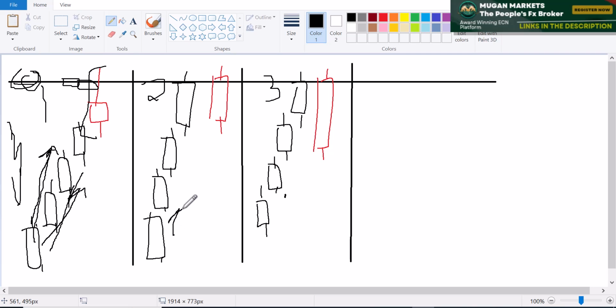We see price moving up, just as in the previous example. Price is moving up and hits the order block, but as it hits the order block, it hits with a bullish candle, as you can see. The black ones are the bullish ones, and the red ones are the bearish candlesticks.